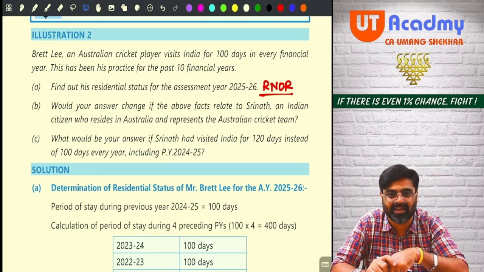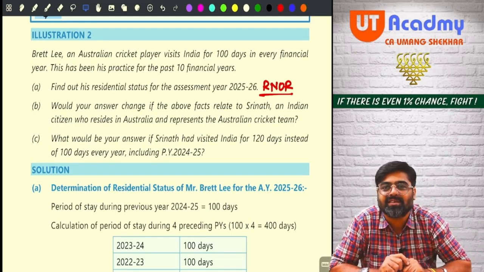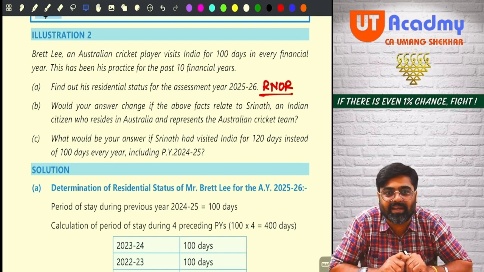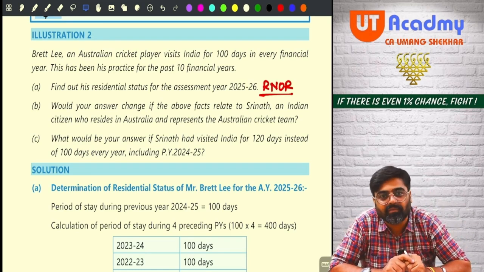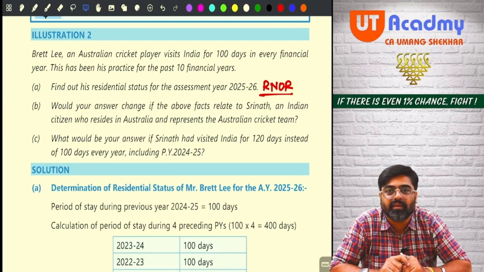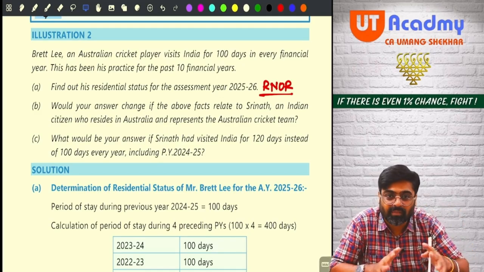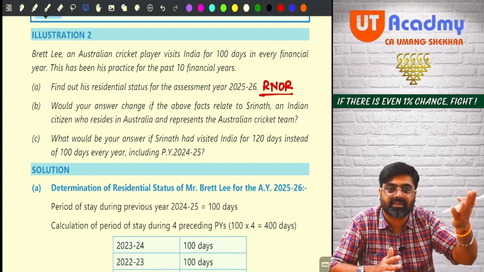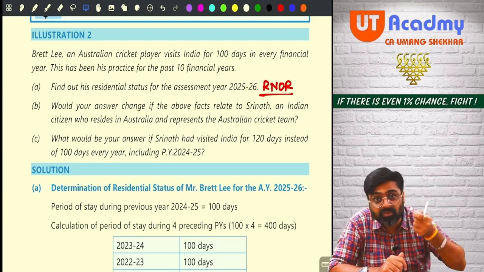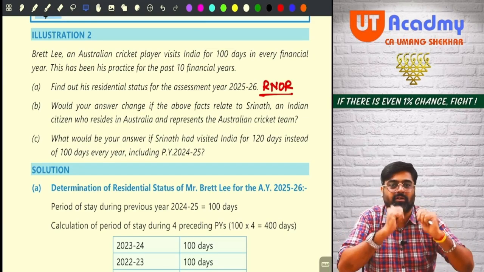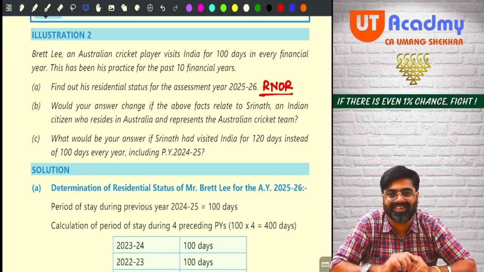So the last 4 years' 365 days or more is there, but this year only 100 days, which is not more than or equal to 120 days. Special basic condition B is also not satisfied. Forget about A. So this assumption also will not make any difference. His residential status will remain non-resident, because basic condition B is applicable, but it is a special condition, and that also is not satisfied. Both the assumptions give the answer non-resident.